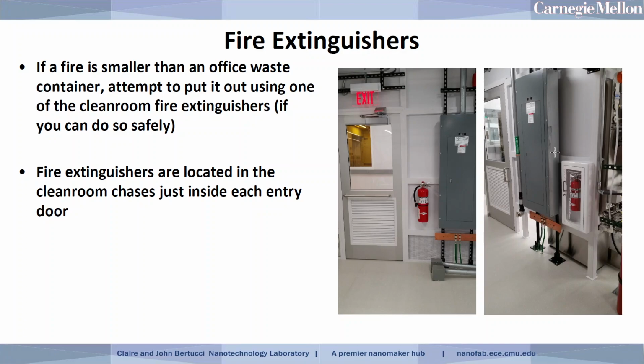But you would only do so if you could do so safely. That would mean that you had left yourself an egress path so that you're not completely surrounded by flames. That's something you would want to be thinking about if you were making this decision.